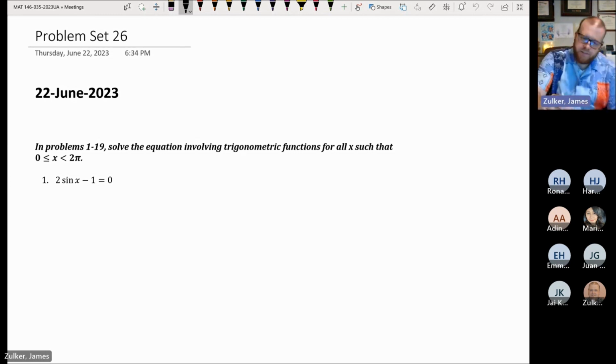Right. So notice that that is what they're asking for. We're only looking for solutions between 0 and 2 pi. Right? Including 0, excluding 2 pi. Let's start with a real simple one. 2 sine of x minus 1 is equal to 0.